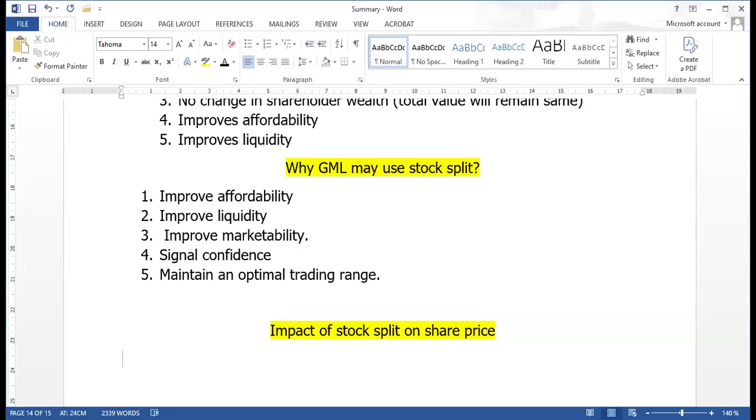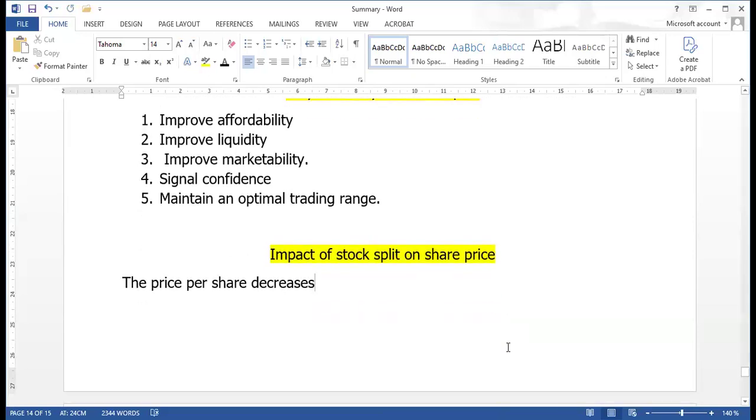The immediate impact is that after the split, the price per share decreases. That one you saw, I don't need to repeat. Okay, because you are trying to maintain the total value. You increase the what?